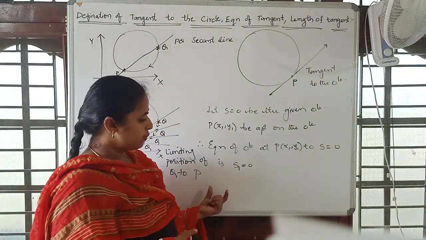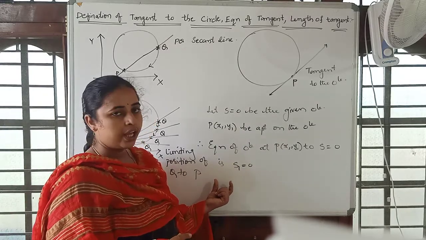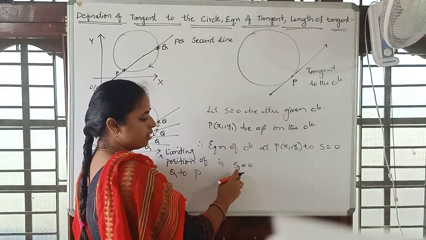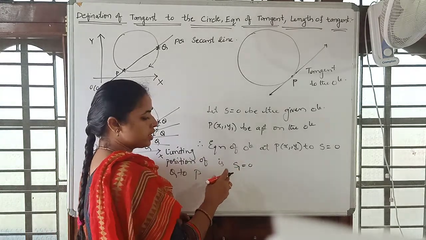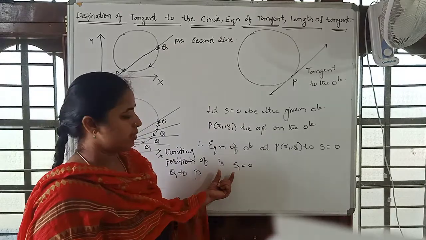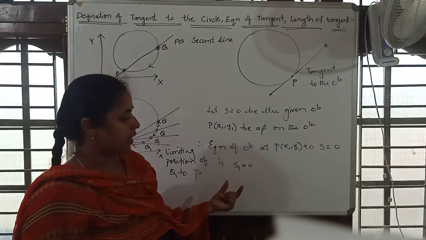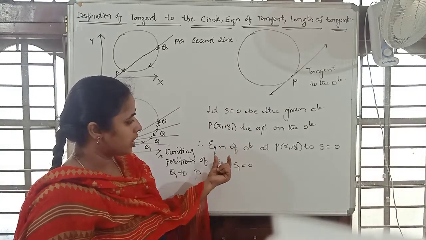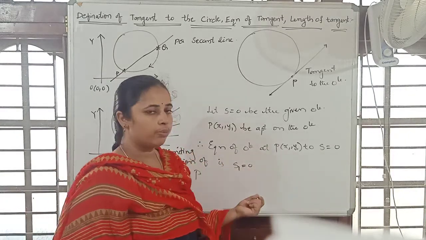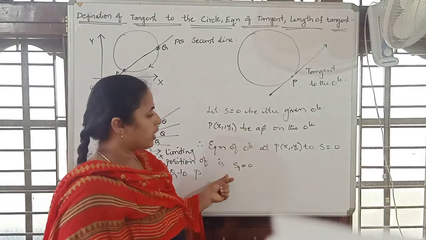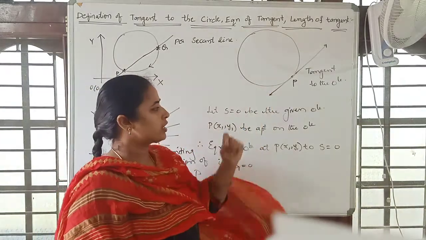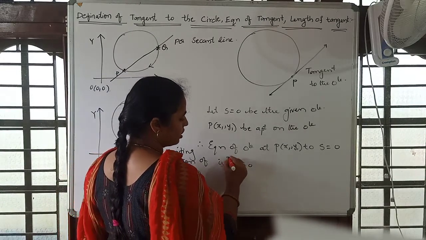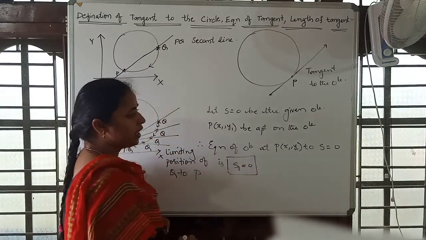Already in the last class we discussed what S1 is. S1 is nothing but x x1 plus y y1 plus g into x plus x1 plus f into y plus y1 plus c equal to 0. Now when you substitute x1 equal to the given point, y1 equal to the given point, we get the equation of the tangent at P of x1 comma y1. This is the equation of the tangent.